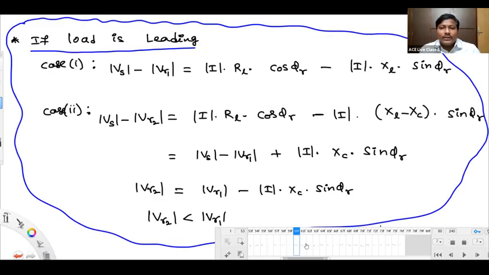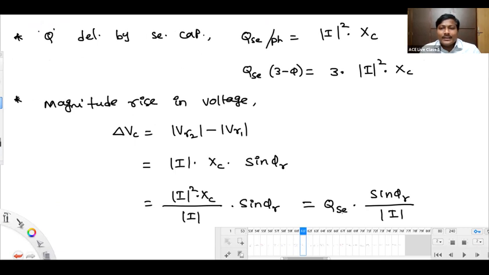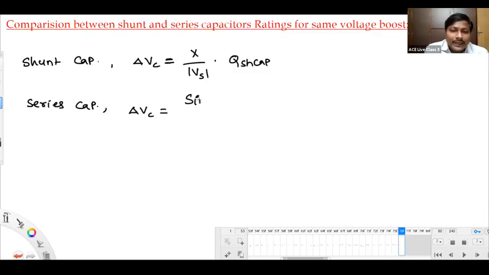What is that? Delta VC by the series capacitor is Q series capacitor into sin phi r by I. So you write sin phi r by I into Q series capacitor.